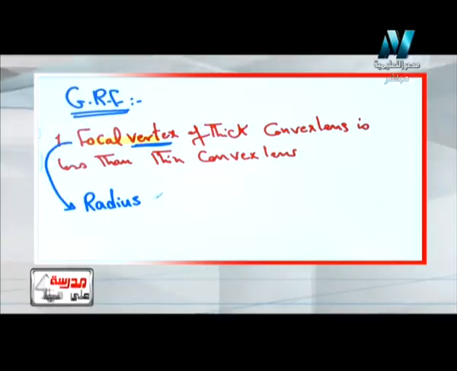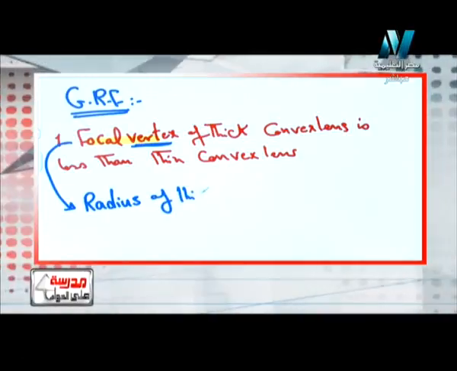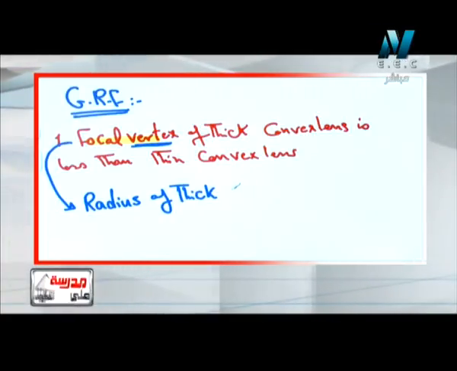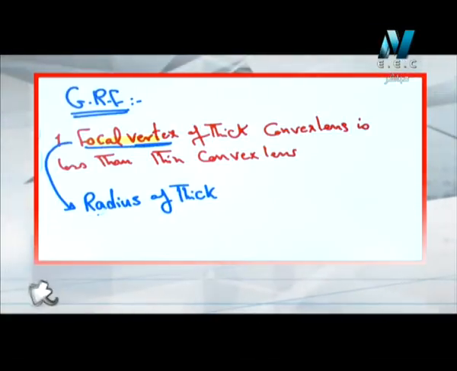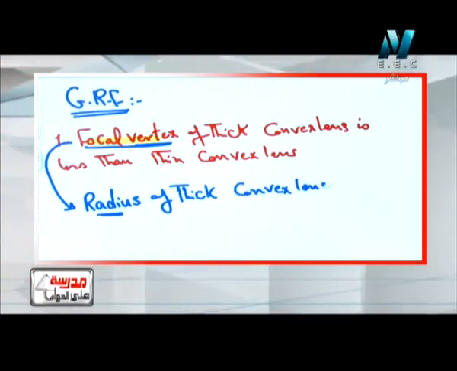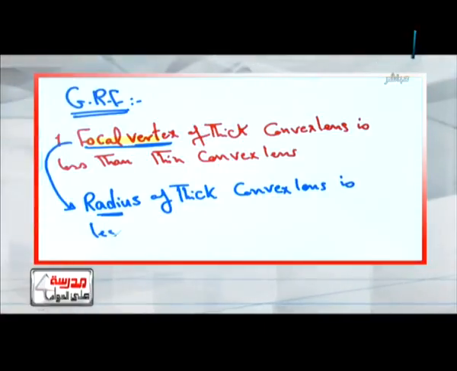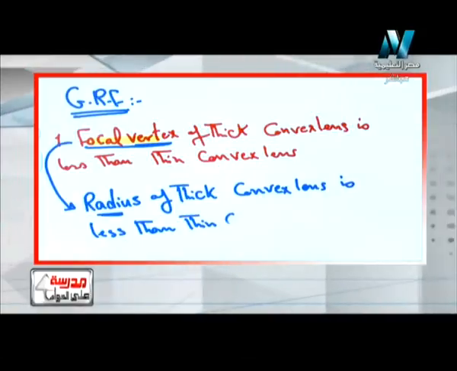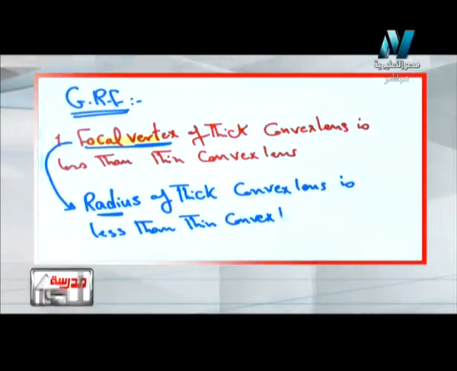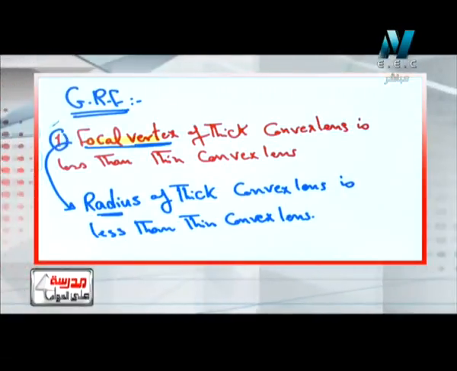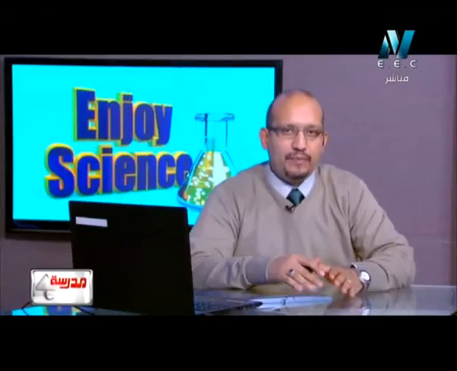So we complete the question as the answer: the radius of a thick convex lens is less than the radius of a thin convex lens.